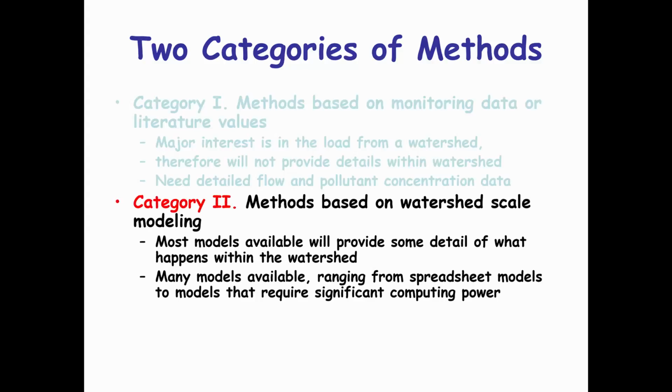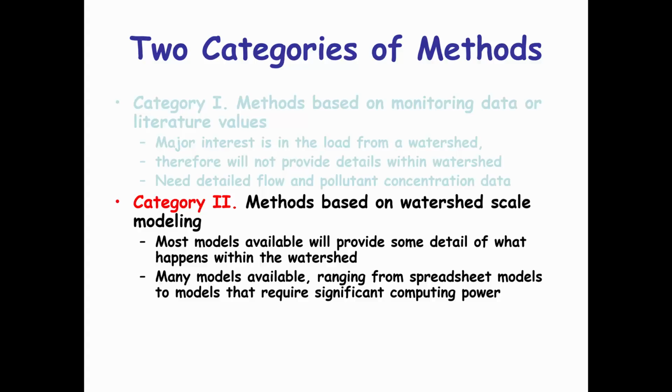The second category of methods are methods that are based on watershed scale modeling. Most of the models that I'll discuss, and the ones that have typically been used, do provide some detail of what's happening within a watershed.